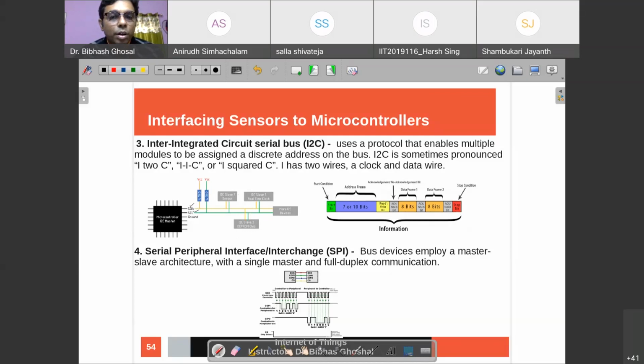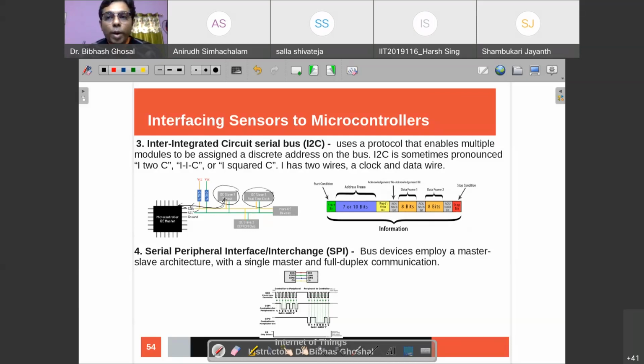You can connect a lot of other devices like a sensor, a clock. These are called slave devices. Once they get connected, the microcontroller has to identify the address of the device and then send the data to it. The data goes to the sensor, or it collects the data from the sensor. This is how it works.